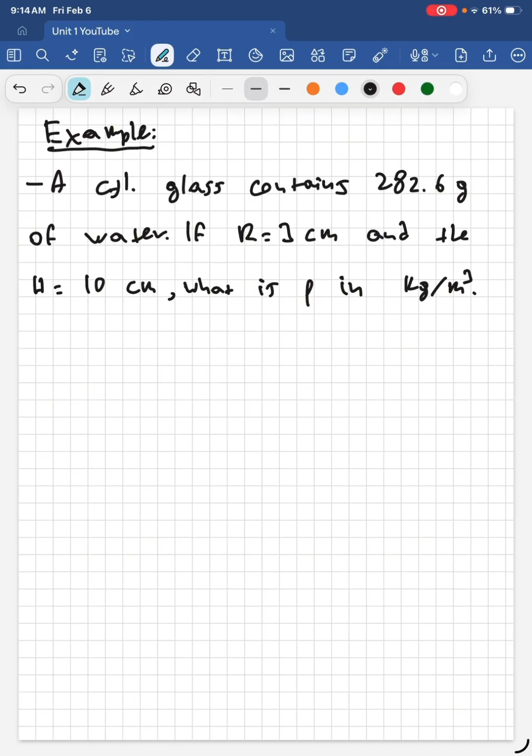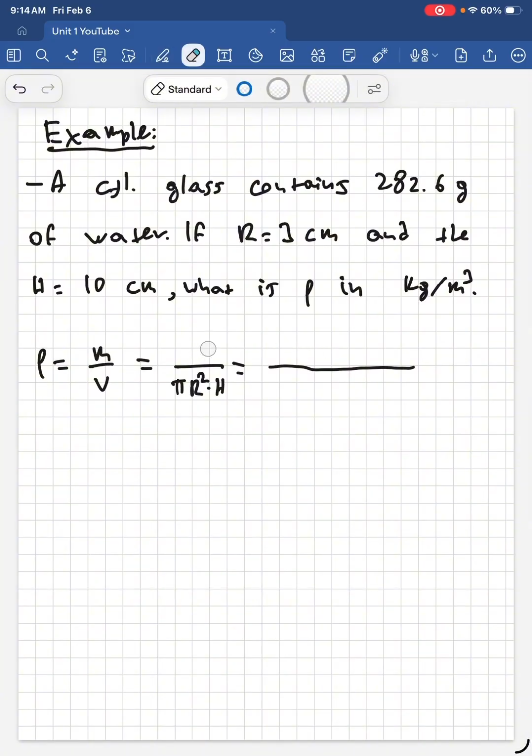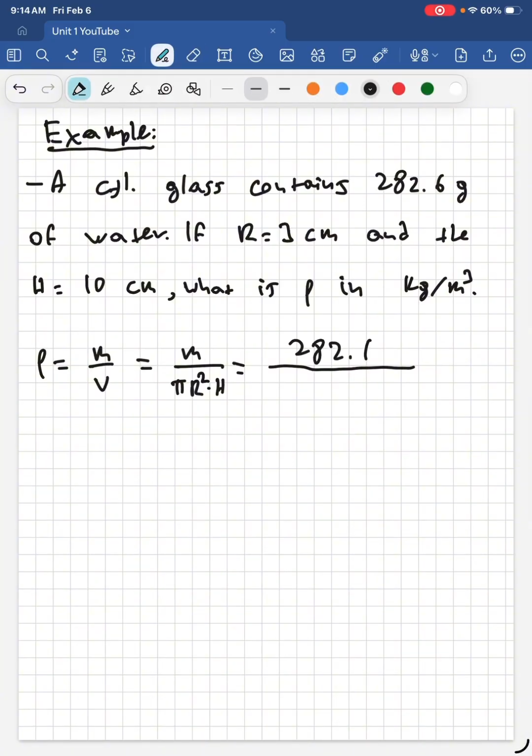So rho is mass over volume, so mass over pi r squared times height. So 282.6 times 10 to the negative 3 kilograms is the mass.